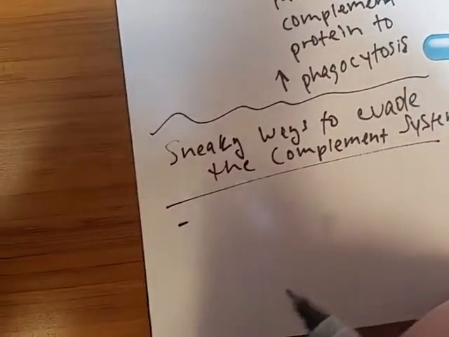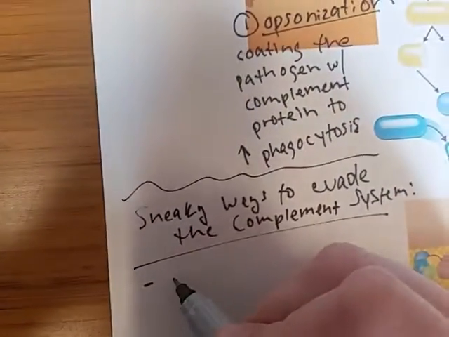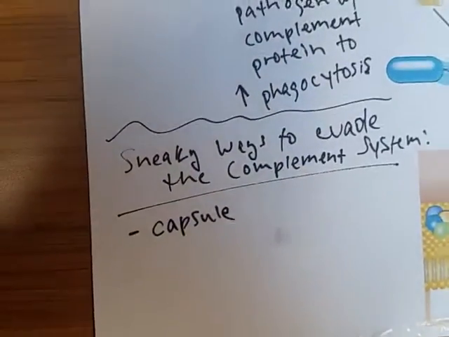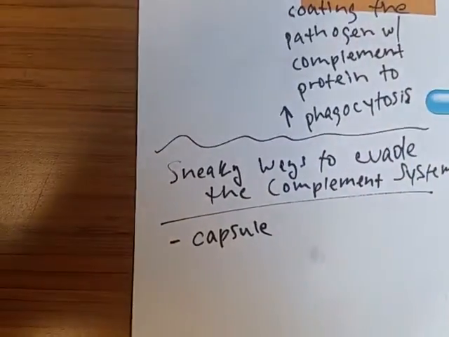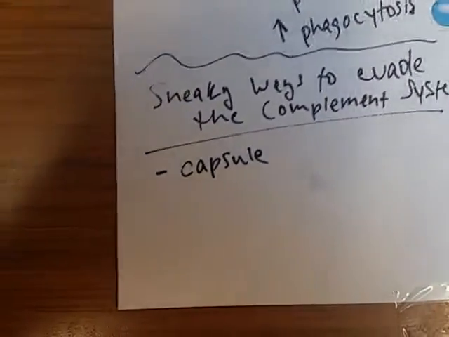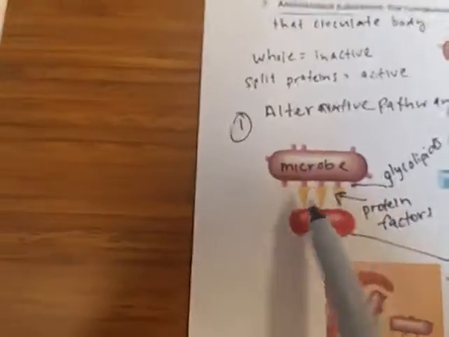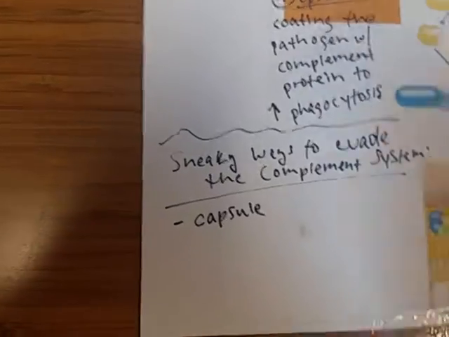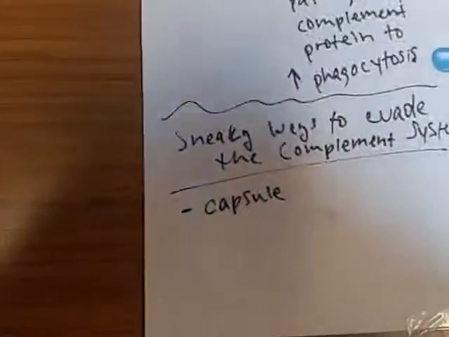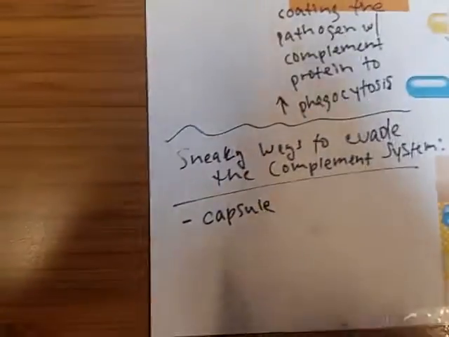So some bacteria will have a capsule. So if you have that nice sugary coat around the bacterium, the different antigens on the surface of the microbe won't be detected as easily. So bacteria that have a capsule can sneak around the complement system easier than those that do not.